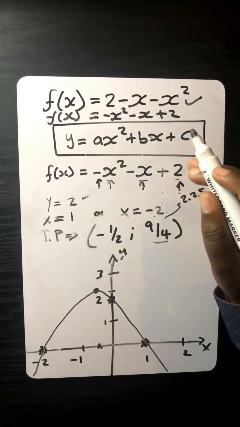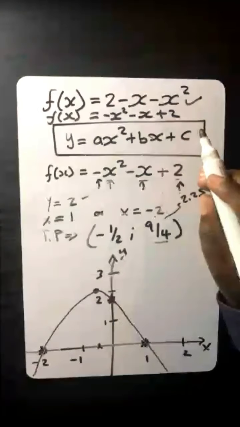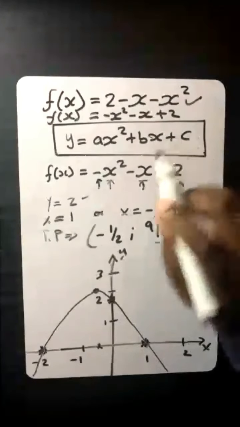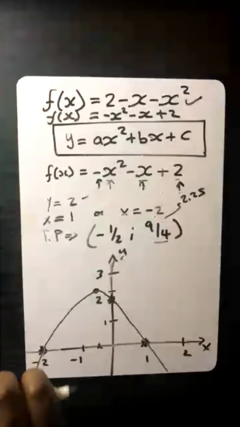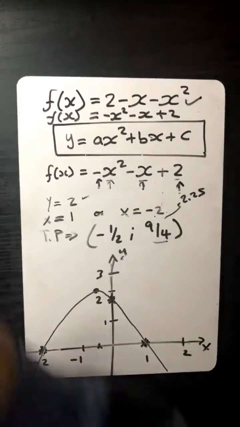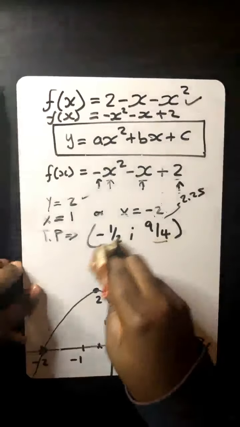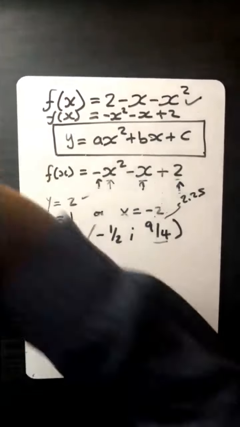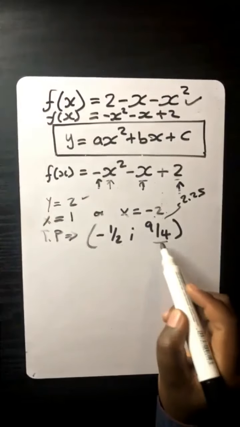Everyone who attended yesterday's lesson, I think they fully understand what's going on, or otherwise they've got an idea. So for you to be on the same level, remember to check out that lesson. Let me quickly explain how you get that 9 over 4.